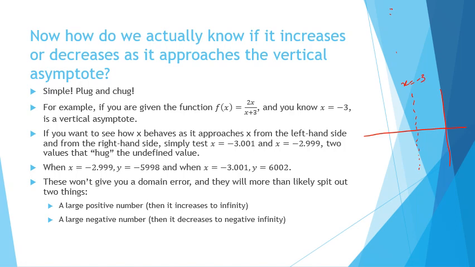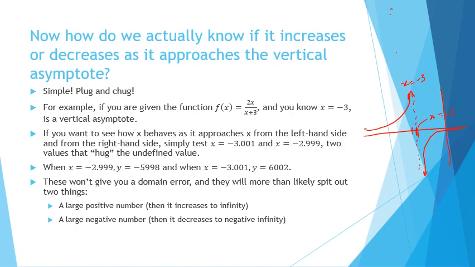Well, graphically, it's going to look like this. But how do we know that? It's pretty simple. Obviously, if you plug in x equals -3, you're going to get 0 in the denominator, and you can't do that, right? That's why that vertical asymptote exists.